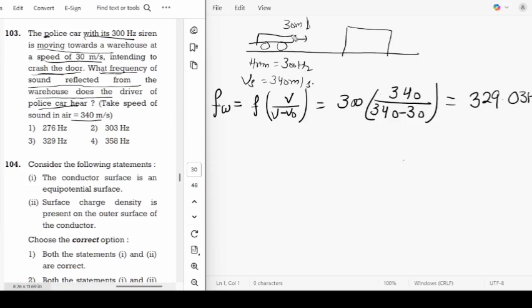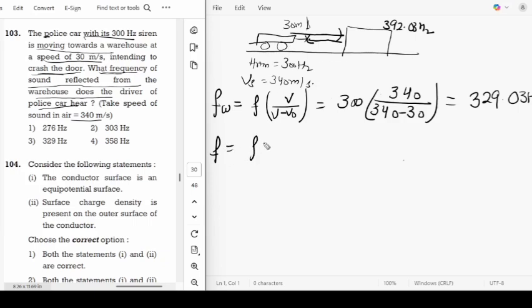Now the car's horn strikes the warehouse with a frequency of 329.03 hertz. The warehouse reflects the frequency. For the reflection, we let the other object be stationary and the source be moving.